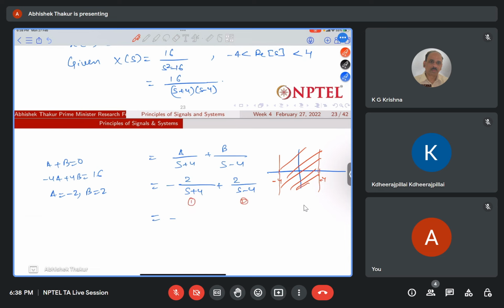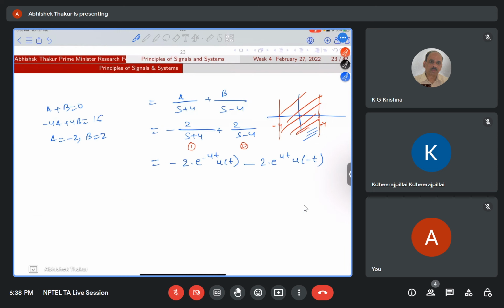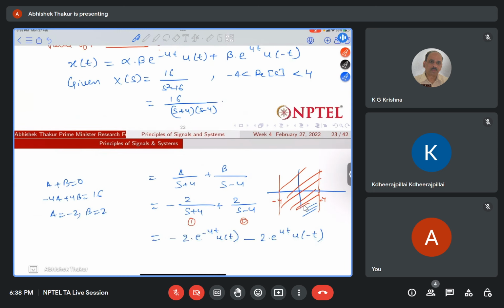The first one, this is the first and this is the second. For the first signal, the region of convergence is the right hand side. So here we will write minus 2 into e to the power minus 4t u(t). And the second signal, whose root is plus 4, is on the left hand side. So here we will write minus 2 e to the power 4t u of minus t, because this is a left side signal.